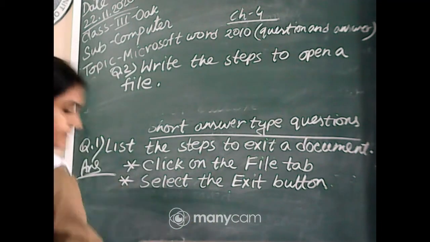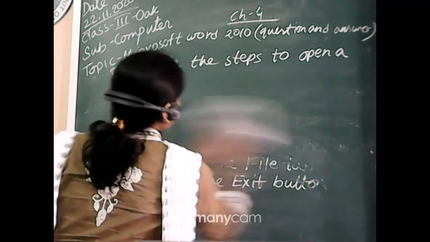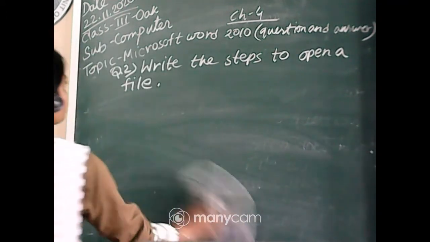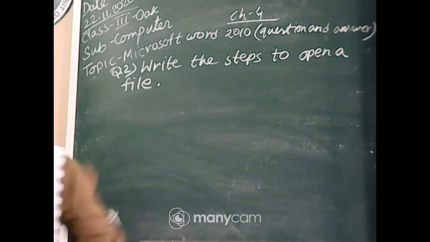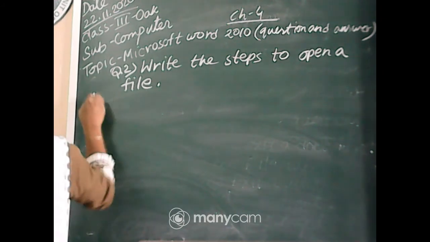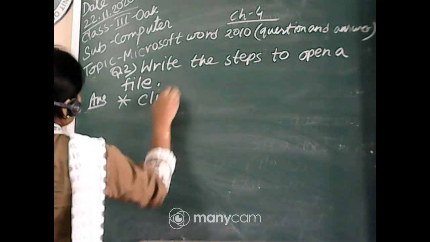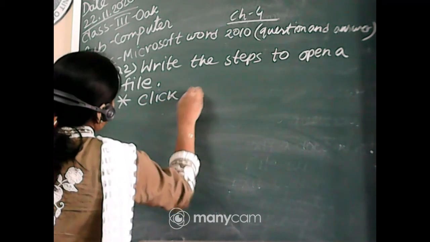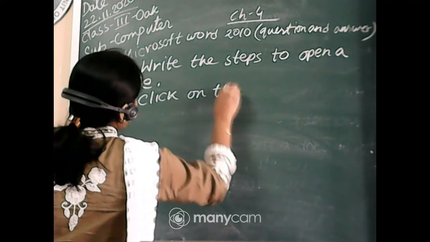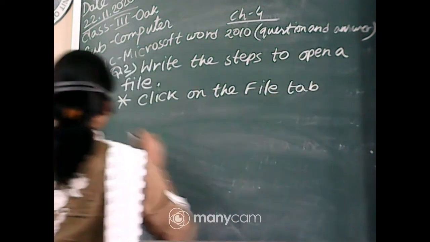Write the steps to open a file. First write down, if you want to open a file, click on the file tab. Write down the answer. First step, click on the file tab.